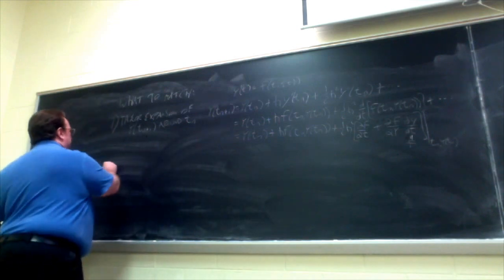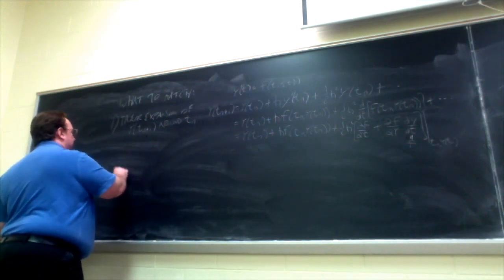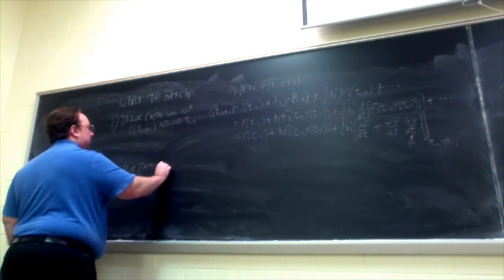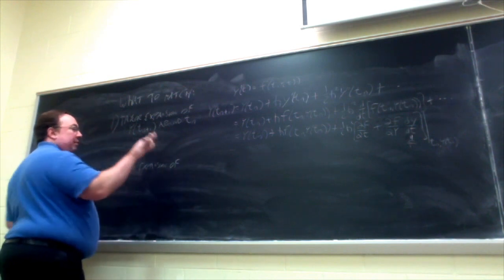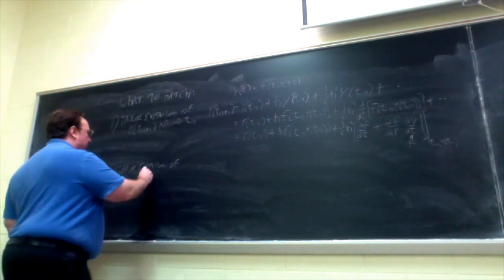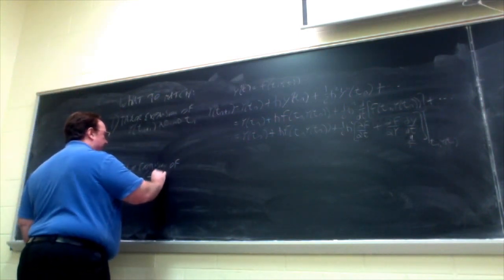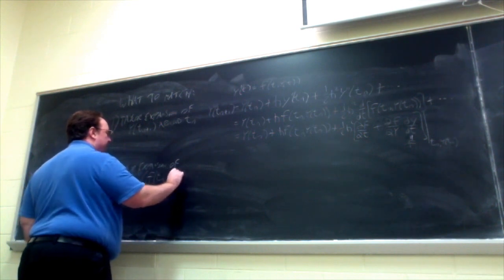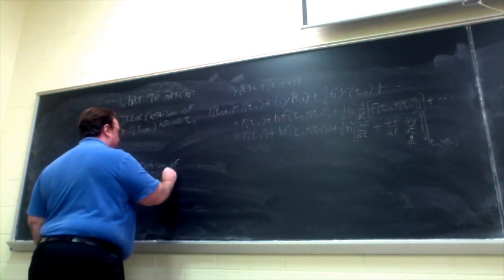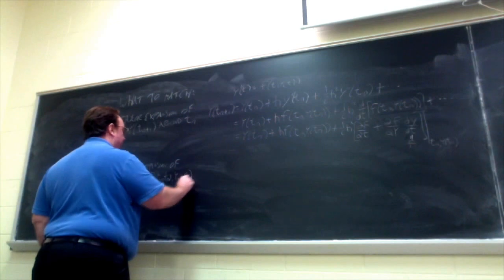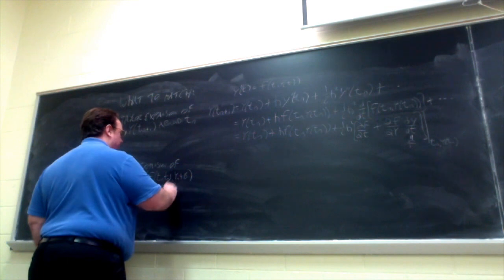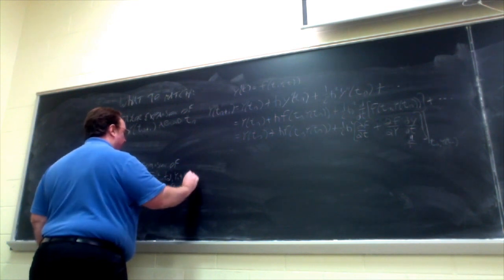The second thing I need is a Taylor expansion of basically my method of yn plus 1 that I wrote over there. So really, what I'm expanding is f of Tn plus alpha, yn plus beta, around Tn and yn.